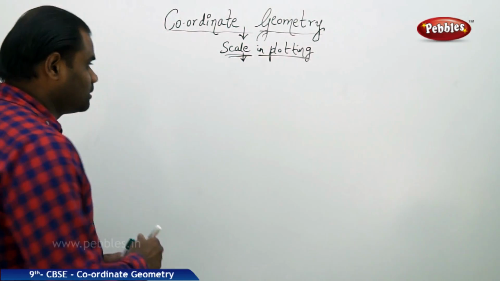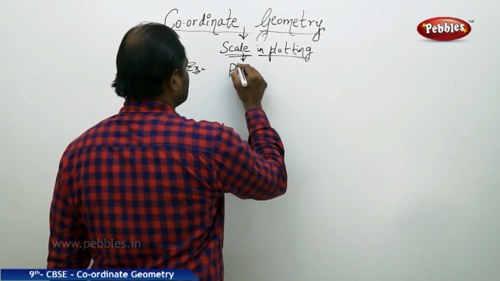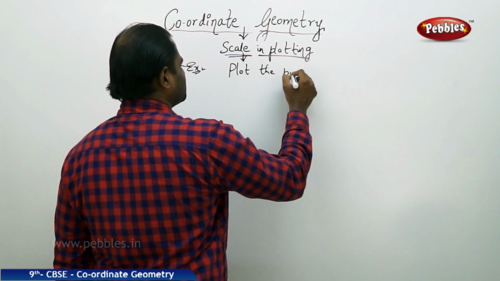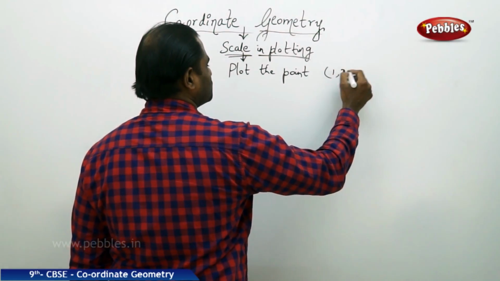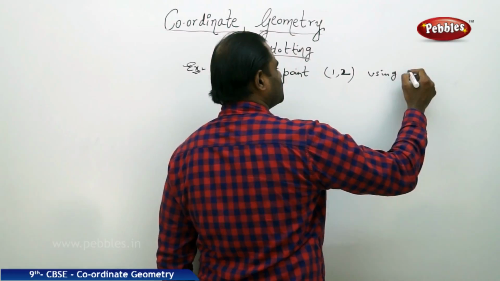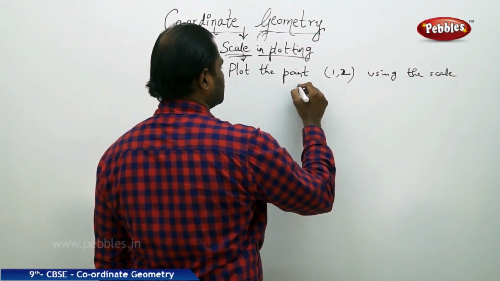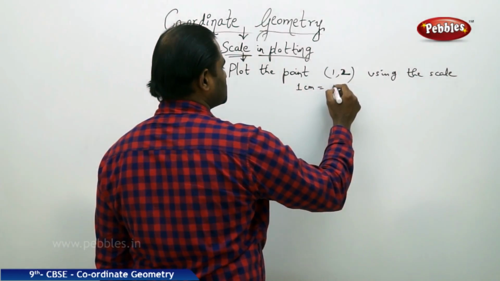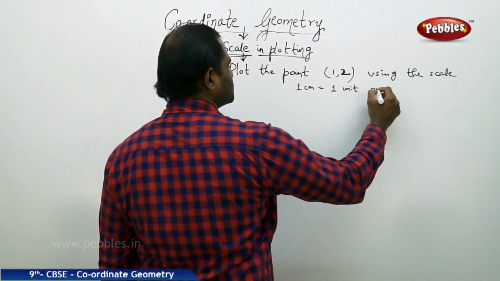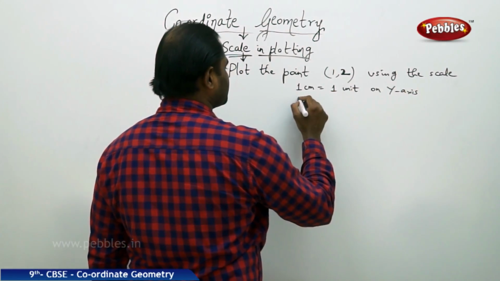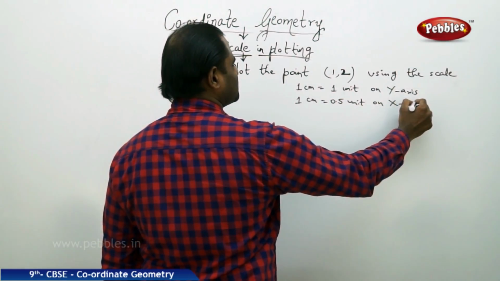For example, I have an example problem which says: plot the point (1, 2) using the scale 1 centimeter equals 1 unit on y-axis and 1 centimeter equals 0.5 unit on x-axis.